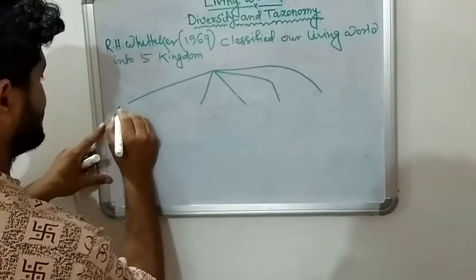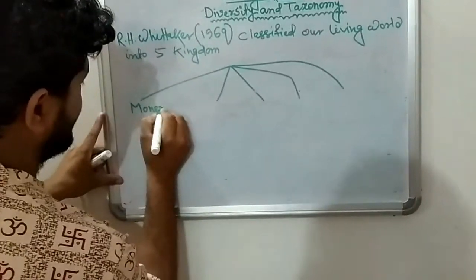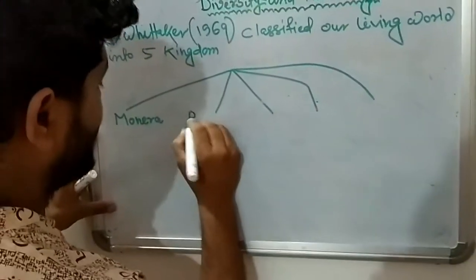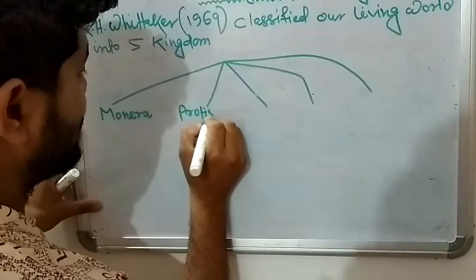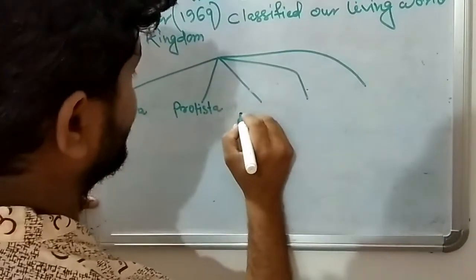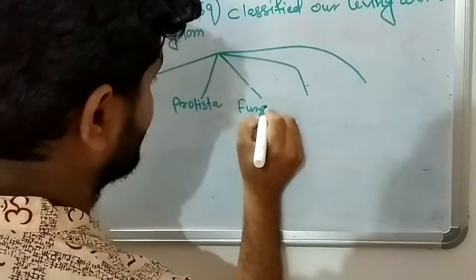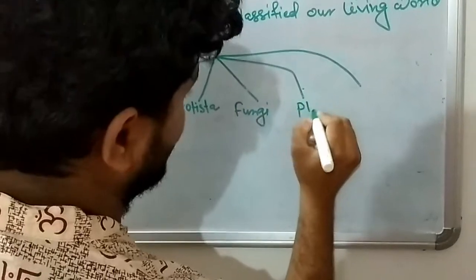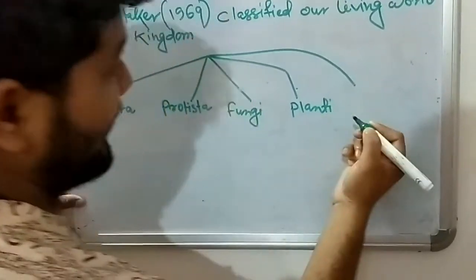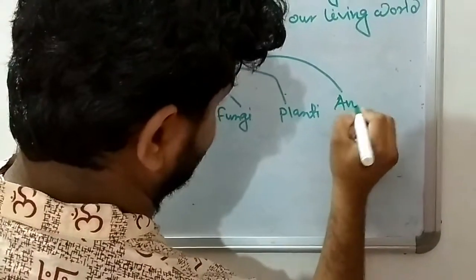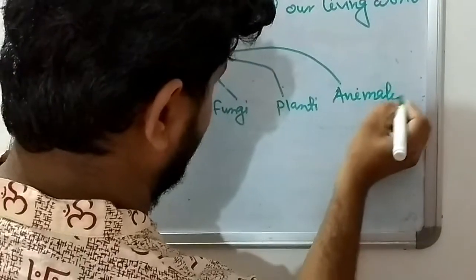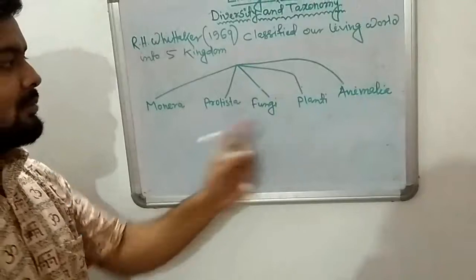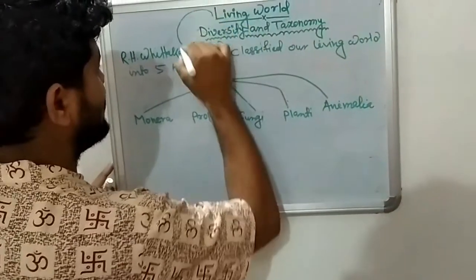What are these? The first one is Monera, then Protista, then Fungi, then Plantae, and finally Animalia. So these are the 5 kingdoms under the living world.